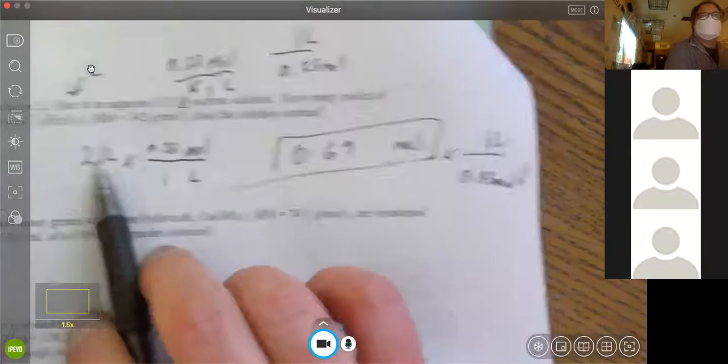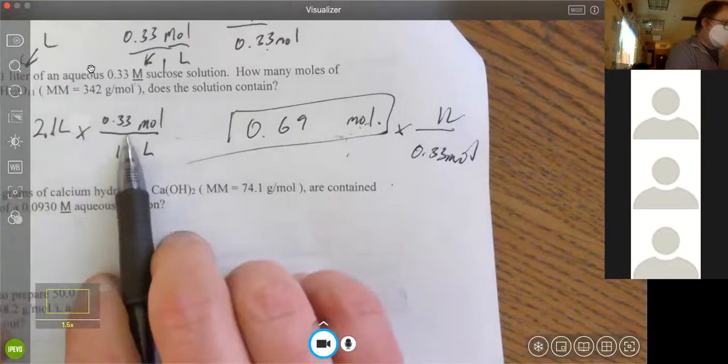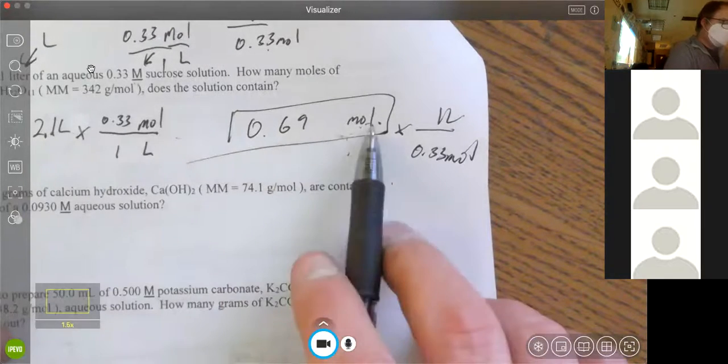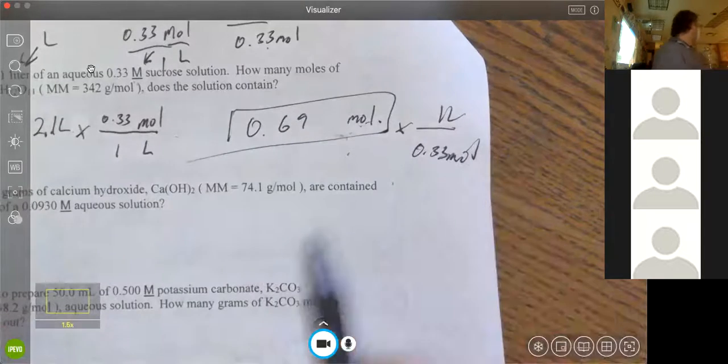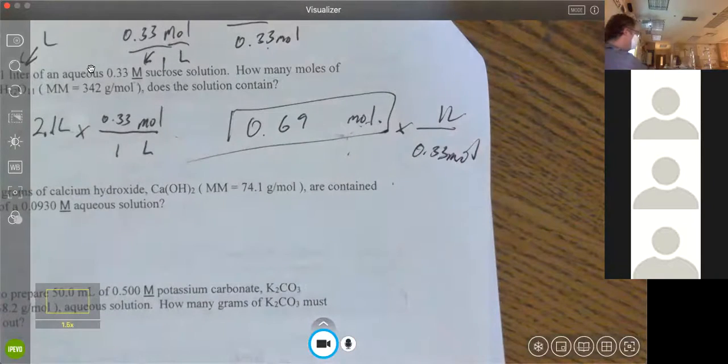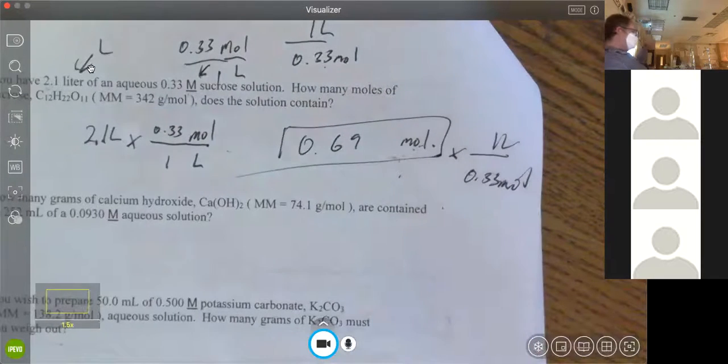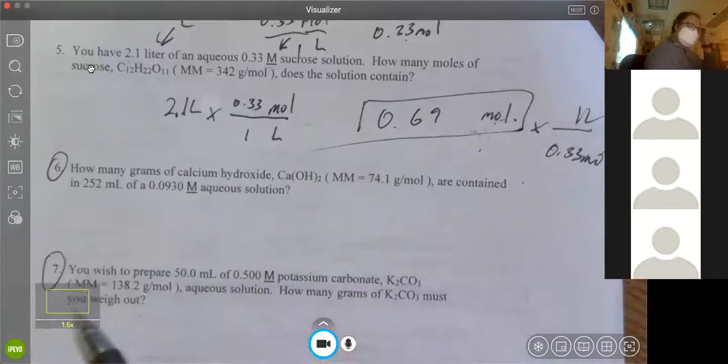There's our 2.1, right? We could use this to go from liters to moles, or we could use it to go from moles to liters. That's the beauty about it all. It all comes together, and the faster you see this, the easier this class will be for you, like 100-fold. So again, I'd like for you to do 6 and 7.